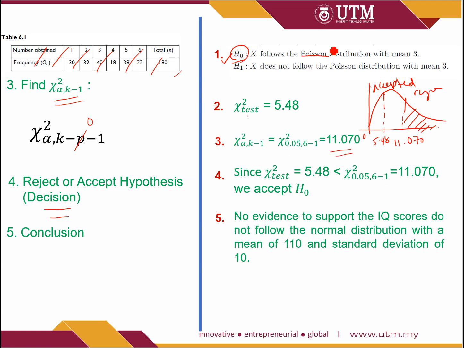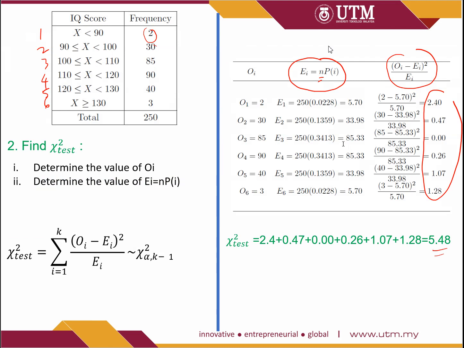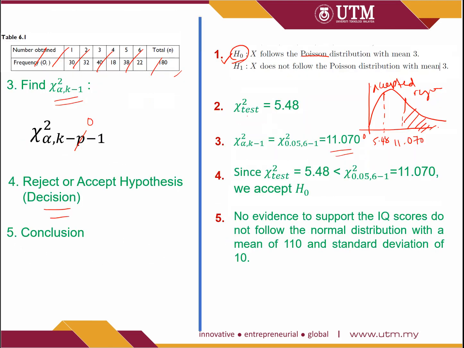This is for normal, right? Sorry, I forgot to delete this. Follows the normal distribution with mean 110 and SD 10. This one as well, you need to correct. This is wrong, this is for the previous example. I forgot to edit this.